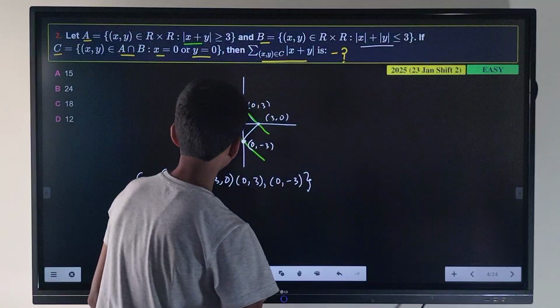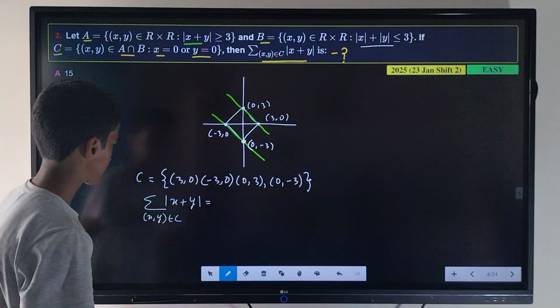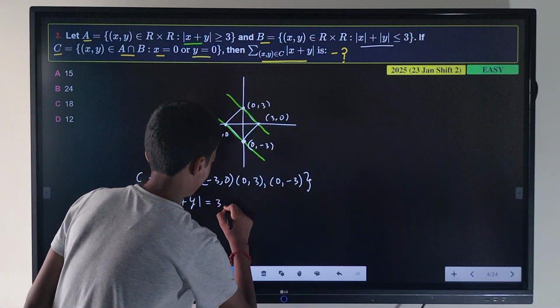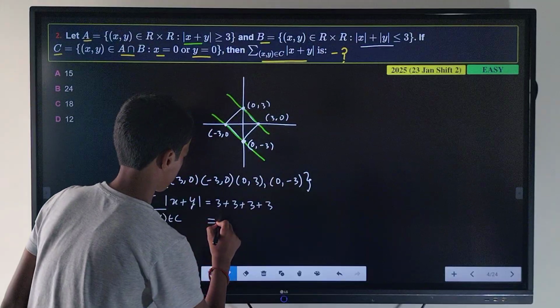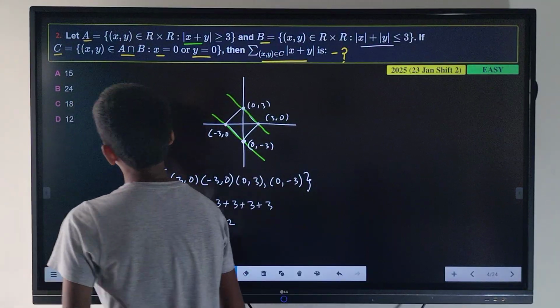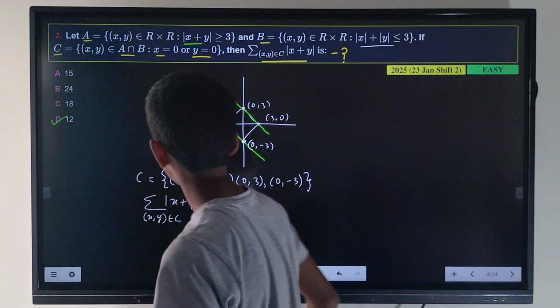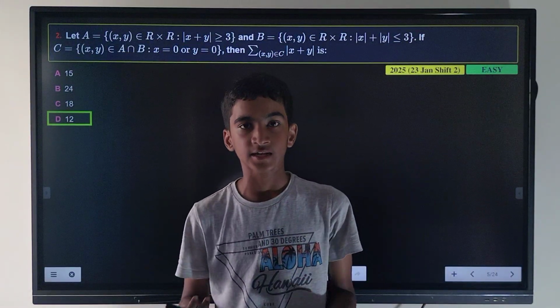Now this is equal to, for each of the elements, 3 plus 3 plus 3 plus 3. So this is equal to 3 times 4, which is 12. So our answer is option D. And here is the solution, and we can see that our answer is correct.